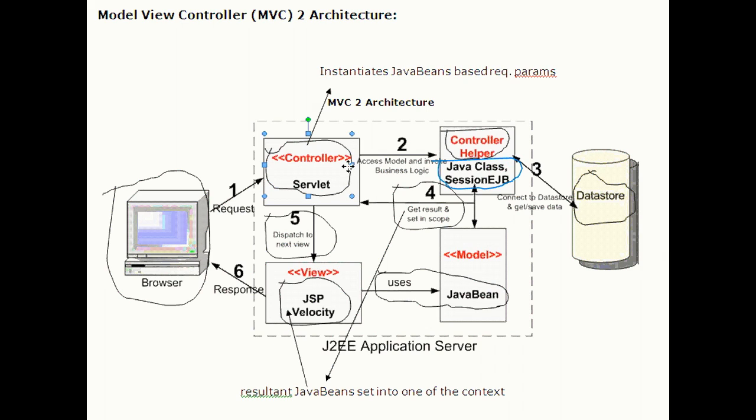Then your controller servlet will set the resultant Java Beans either in session, application or request scope. Finally, the controller servlet dispatches the client's request to the next view based on the URL. The view part uses Java Bean components to display the data in the client view.